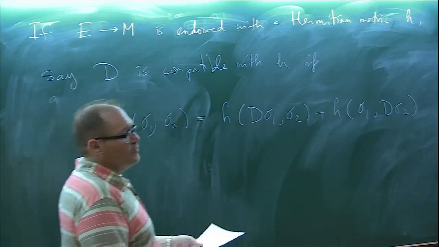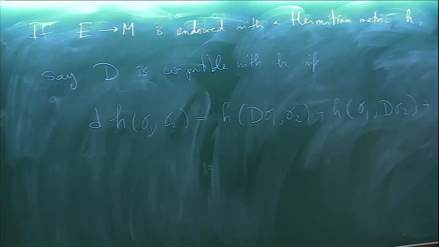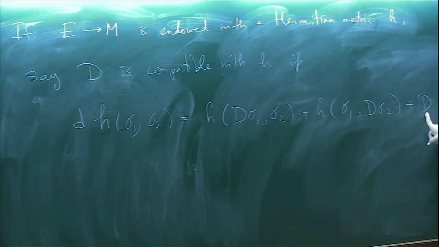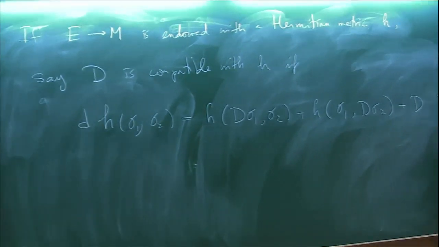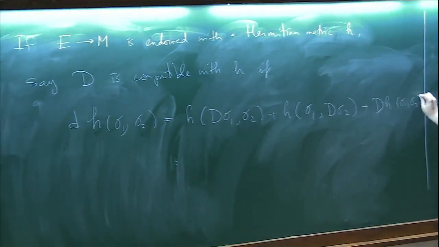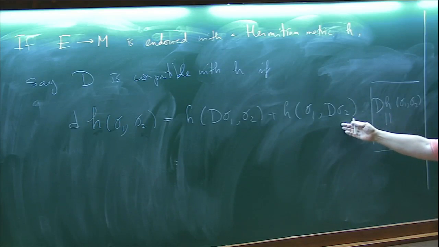So in general, the full expression should have a third term, which is the induced connection on these bundles, E star tensor E star conjugate, applied to H on sigma 1, sigma 2. And the requirement is that this thing is 0. So that's another way of saying the same thing. This exactly means this.